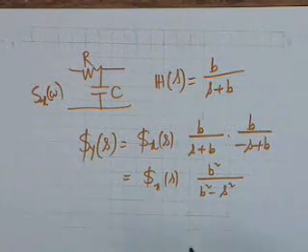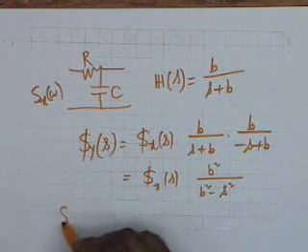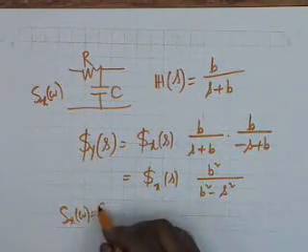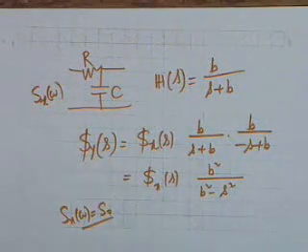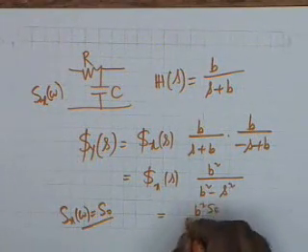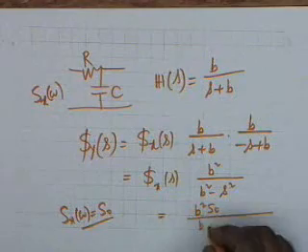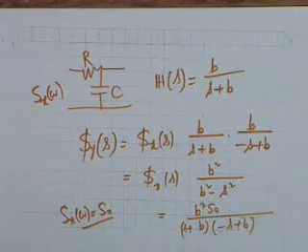Okay. Suppose the input process is white noise, that is Sx of omega is equal to S naught, then what is Sx of s? It is the same. So, this would be equal to b squared S naught divided by s plus b times minus s plus b.